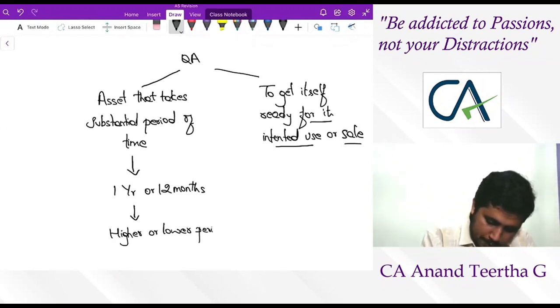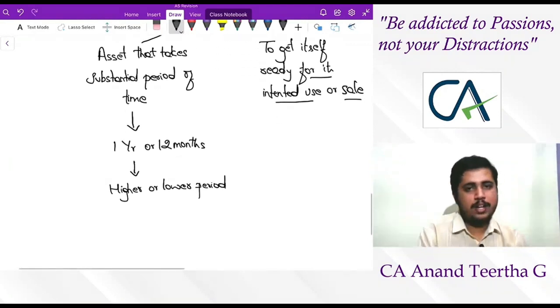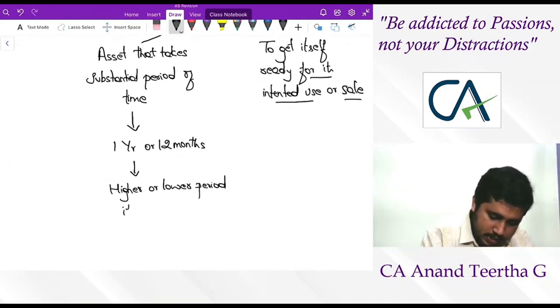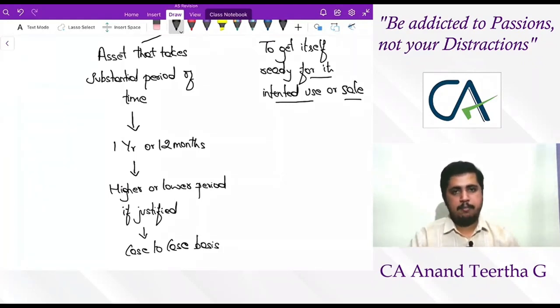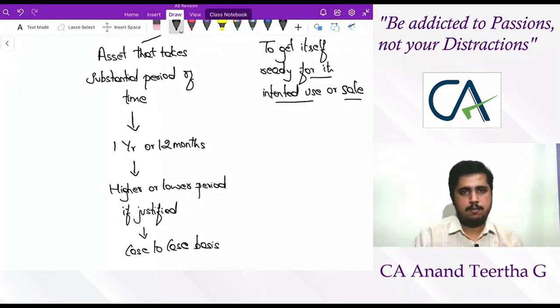A higher or a lower period can be considered as qualifying asset if justified. And finally, it is done on case to case basis. It's not like for all the cases the rules are the same. It depends upon that case.